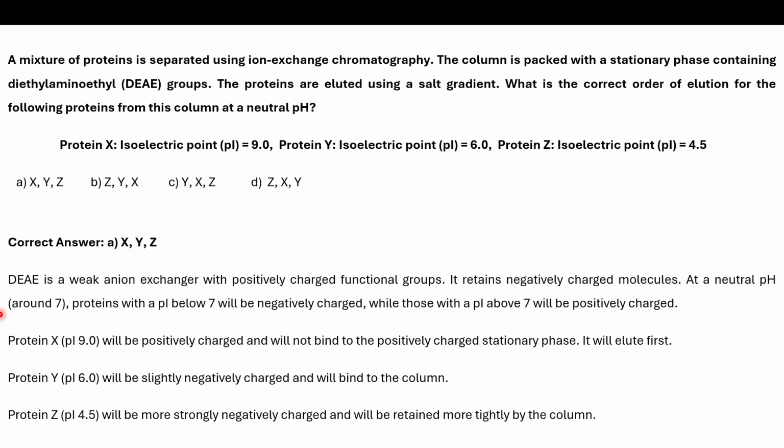So it will elute out first, and then protein Y will be slightly negatively charged and will bind to the column. However, protein Z with a pI value of 4.5 will be more strongly negatively charged and hence will be tightly retained on the matrix and elute out at the end.